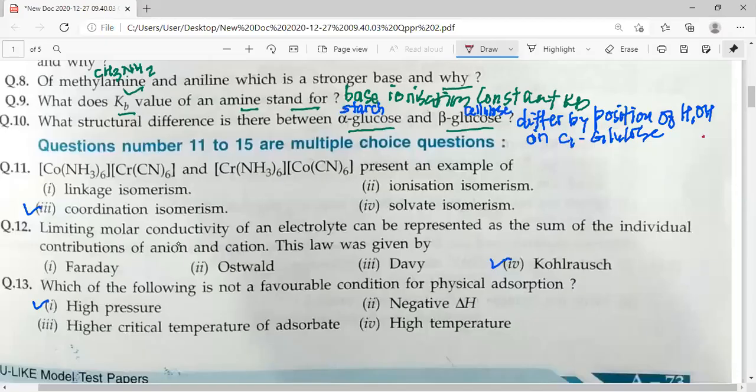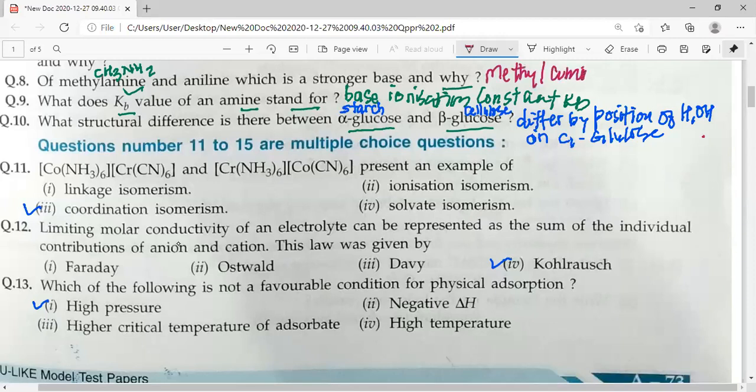Let me read the question once again for you. Of methylamine and aniline, which is stronger base and why? So methylamine can easily donate the lone pair available on the nitrogen, whereas in aniline the lone pair is not much available, and that is why it is difficult to donate that lone pair. And that is why we can say that methylamine is more basic than aniline.